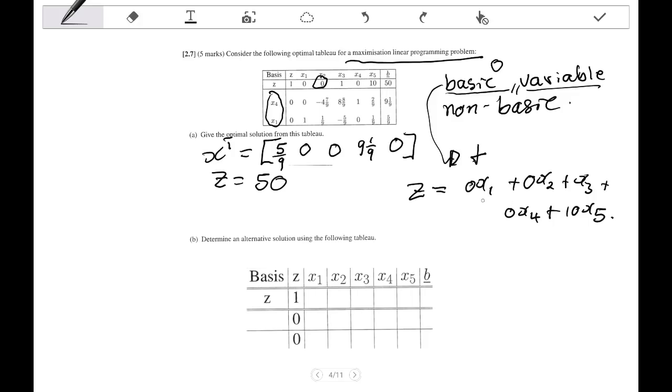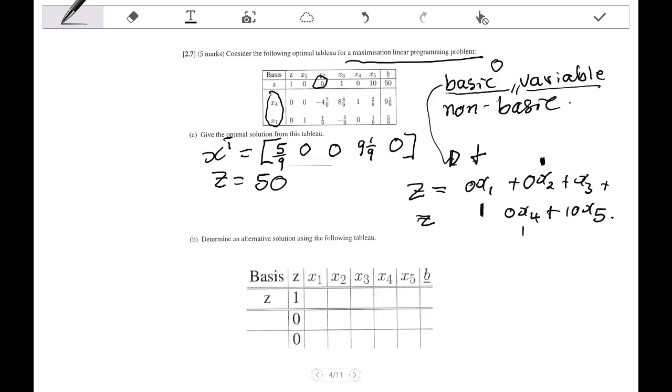like if I say x1 is 1, there's no change on the z. The z will remain the same because the coefficient of x1 is 0. If I say x2 is 1 now, I bring it to the basis, there's no change to the objective function because the coefficient of x2 is 0.